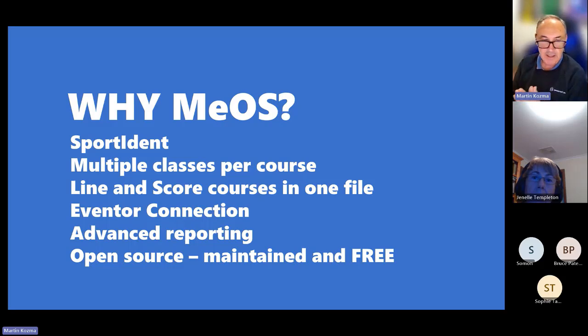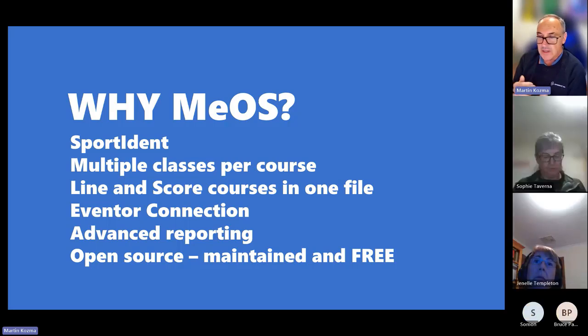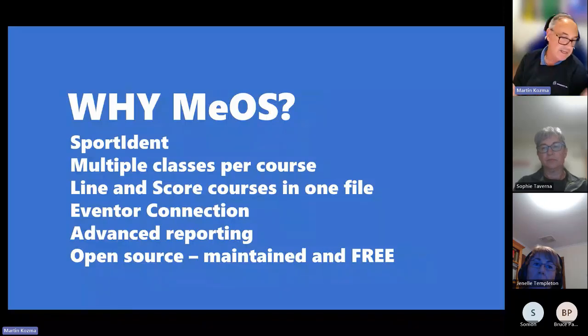Now, maybe some of these options you're not so fussed about, then there's different pieces of software out there. If you don't need score and line within the same course, you could argue that OE is just fine. If you don't need Sport Ident, then you obviously have a few other options.